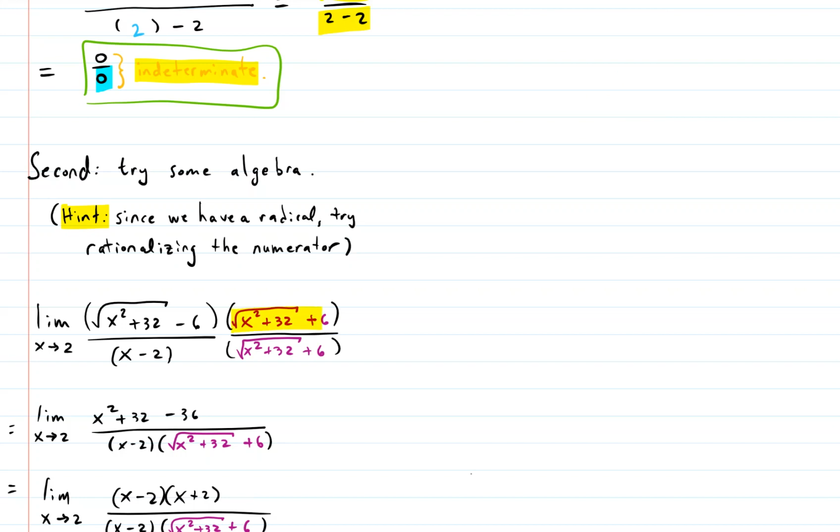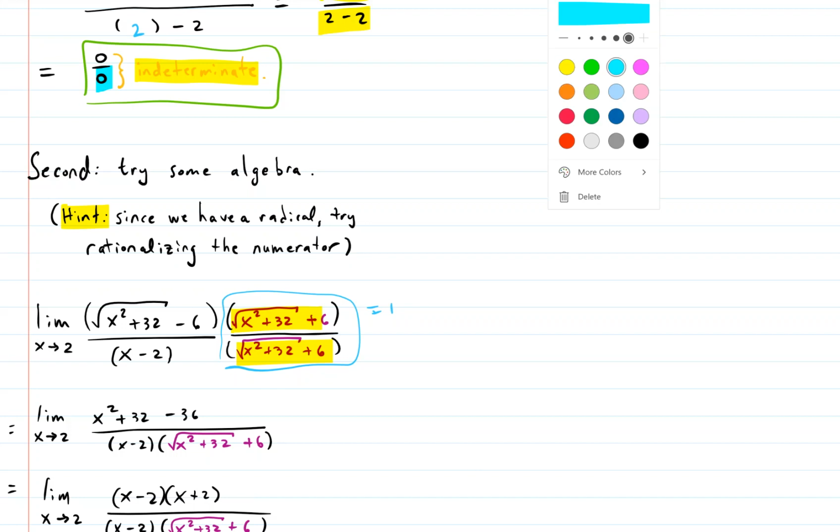Rationalizing the numerator means multiplying on top and bottom. In other words, you're just multiplying by 1. This quantity right here is equal to 1, but it's a special kind of 1. It's something that, when multiplied by the numerator of our function, will get rid of the radicals. If you notice, what we have in the numerator and the denominator is the same.